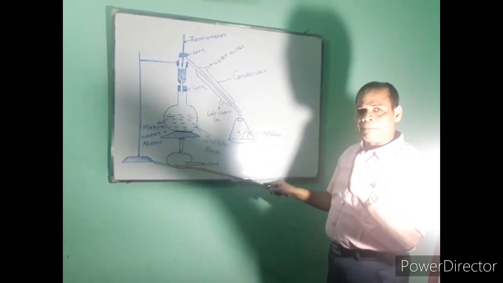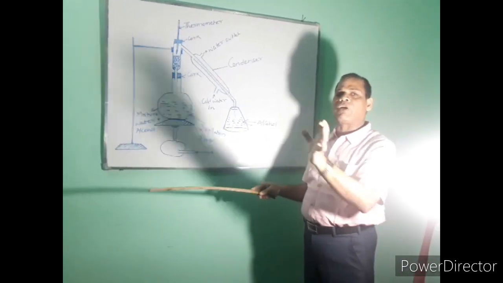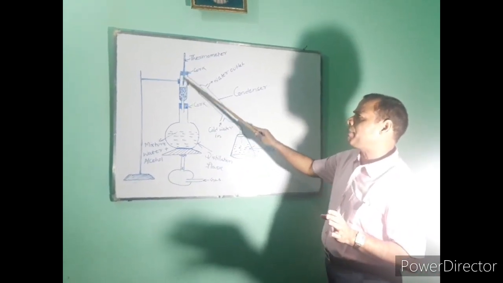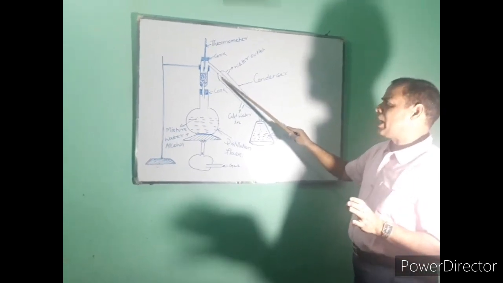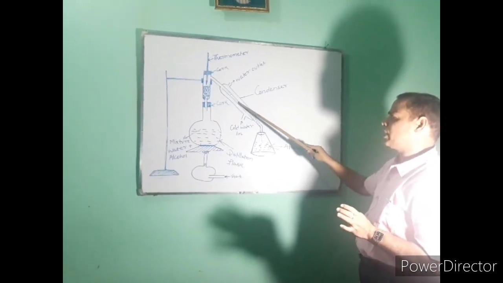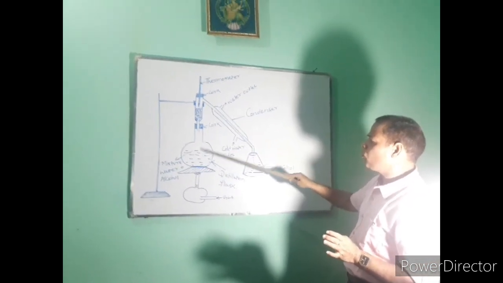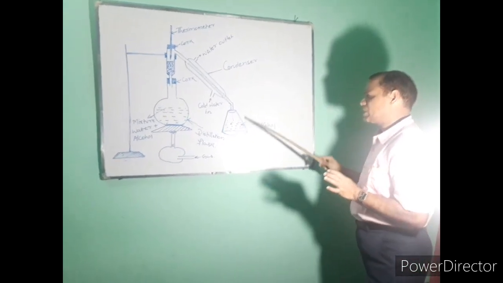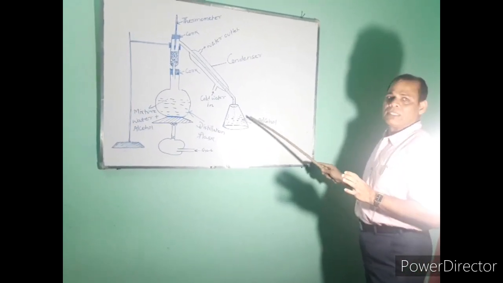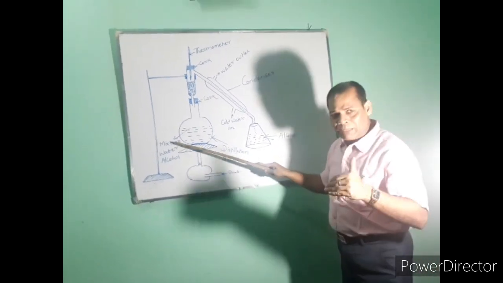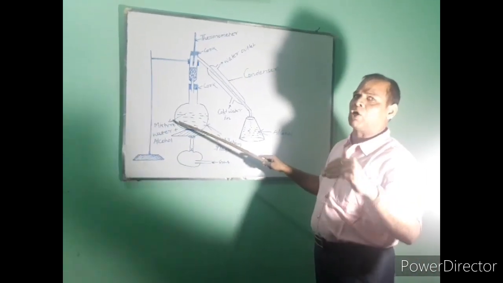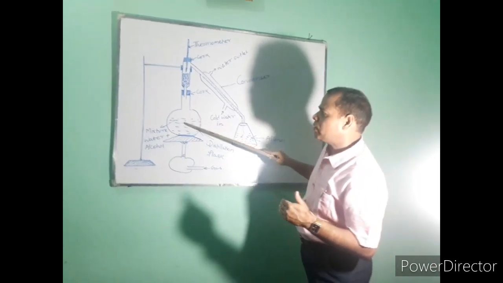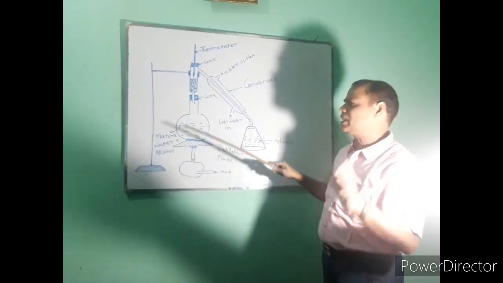Now when the temperature reaches between 75 and 80 degrees, we see that vapor starts to form, the vapor rises up and passes through the condenser, where the alcohol vapor converts into liquid, and here there is a receiver where we can collect the alcohol. There is a possibility that some of the water may also convert into water vapor, but that water vapor has less kinetic energy.